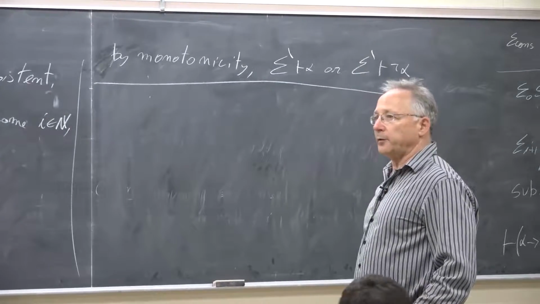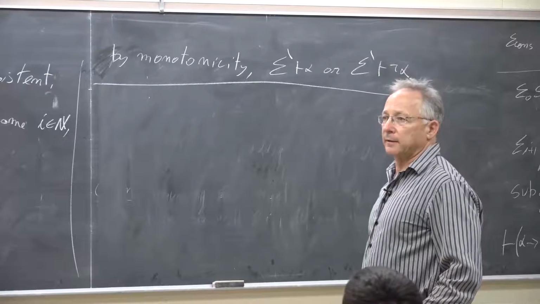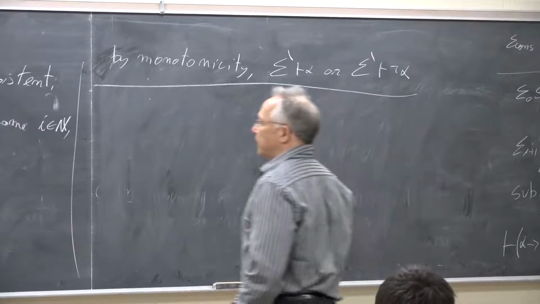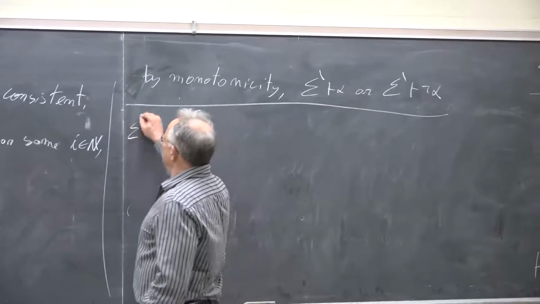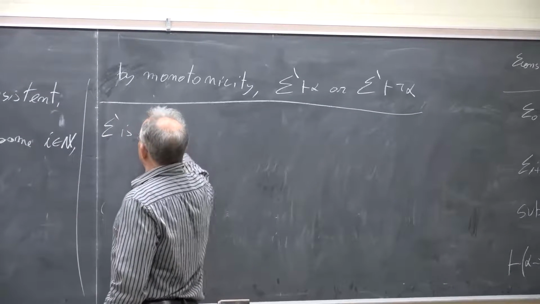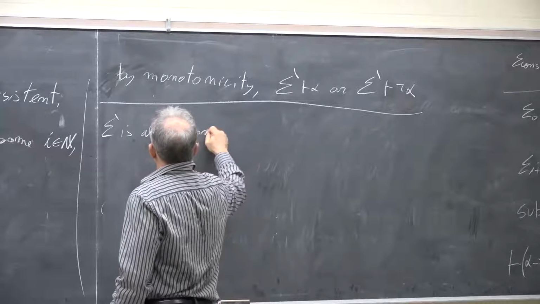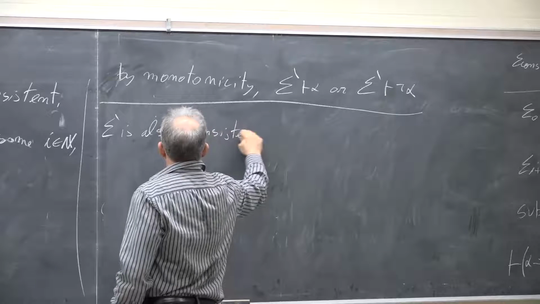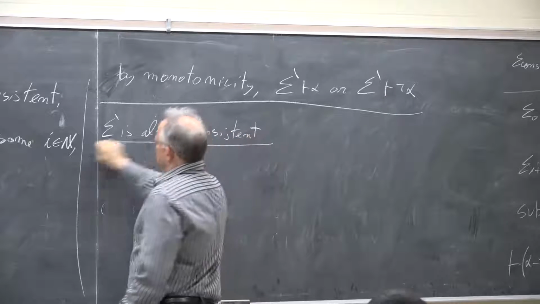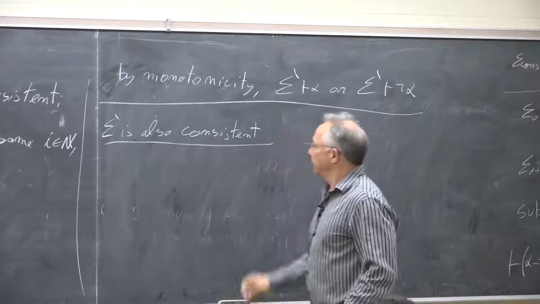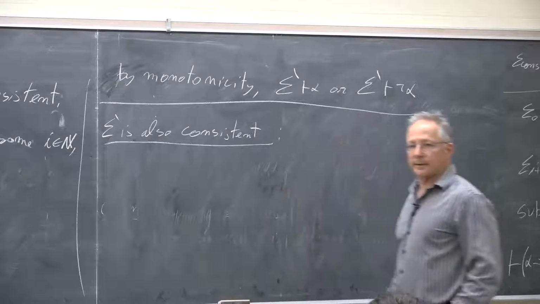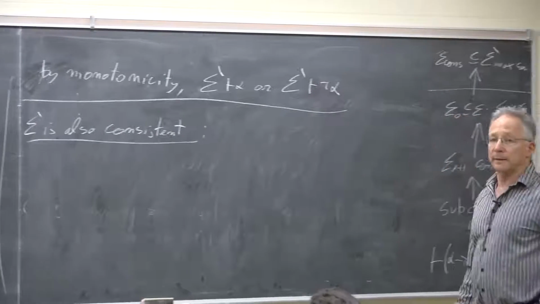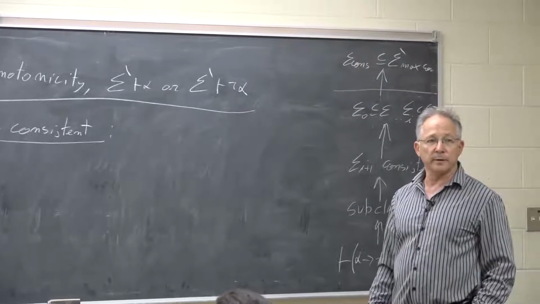We still have to worry about consistency. So now we have this claim, sigma prime is also consistent. And that's a little bit less obvious. It's not hard, but it's a bit less obvious.